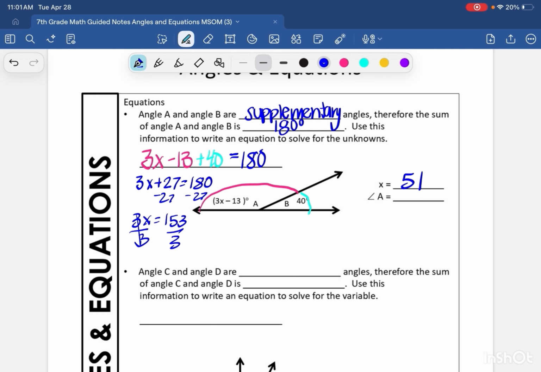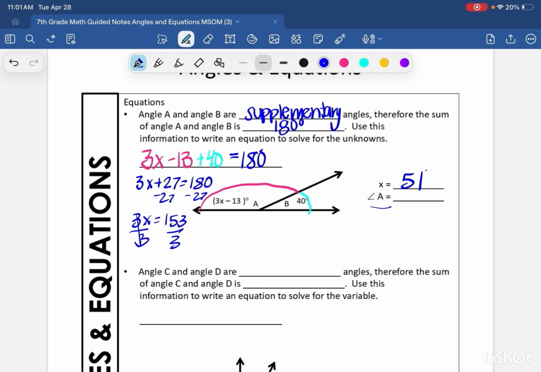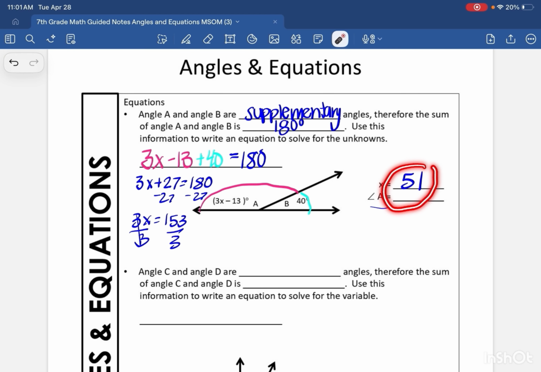All right. So if x equals 51, there's two ways I can do this. If I know B is 40 degrees, then A has to be whatever 180 minus 40 is, right? So I think it's going to be 140, but let's double check it by plugging this x in. I'm going to substitute it in.